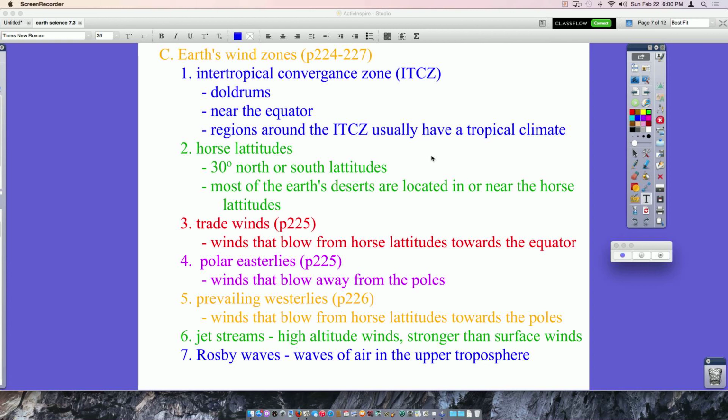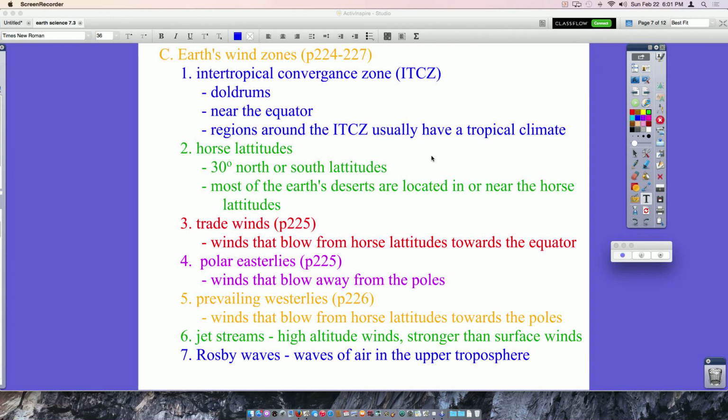And if they're westerlies, they're coming from the west and moving east, which is in that region just below the easterlies. We have the prevailing westerlies. These are winds that blow from the horse latitudes towards the poles. And we see a shift between the prevailing westerlies and the polar easterlies around the 60-degree latitude mark.